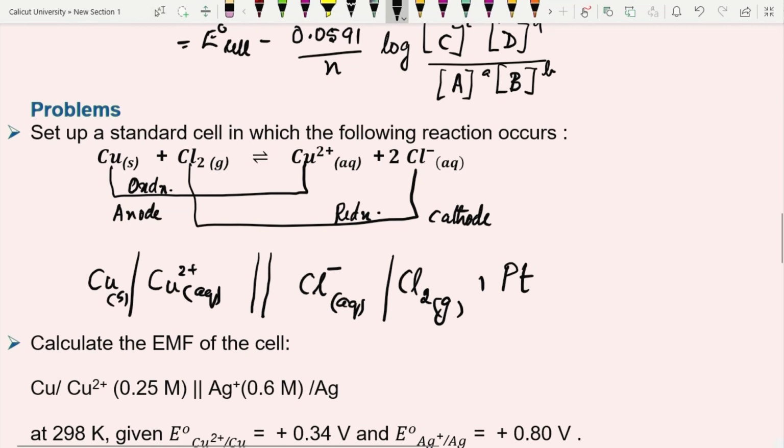So, this is how we set up a cell from the cell reaction. You just identify the anode and the cathode, write first the anode and then the cathode, and remember, if you have any non-conducting anode or cathode, you have to insert a platinum electrode.